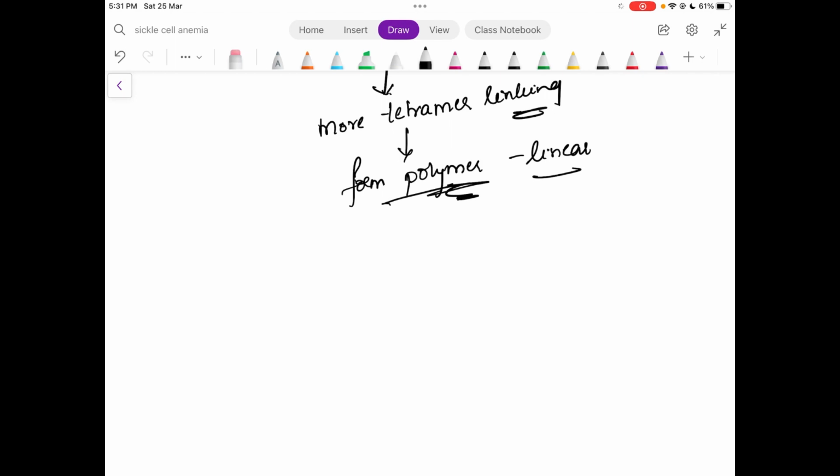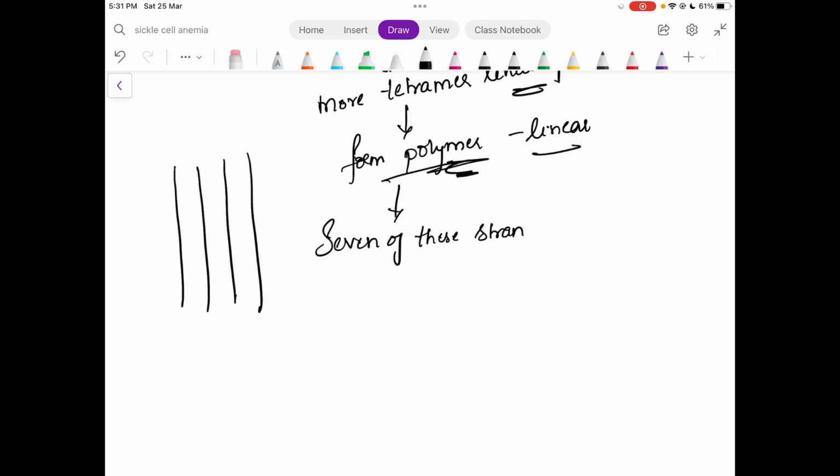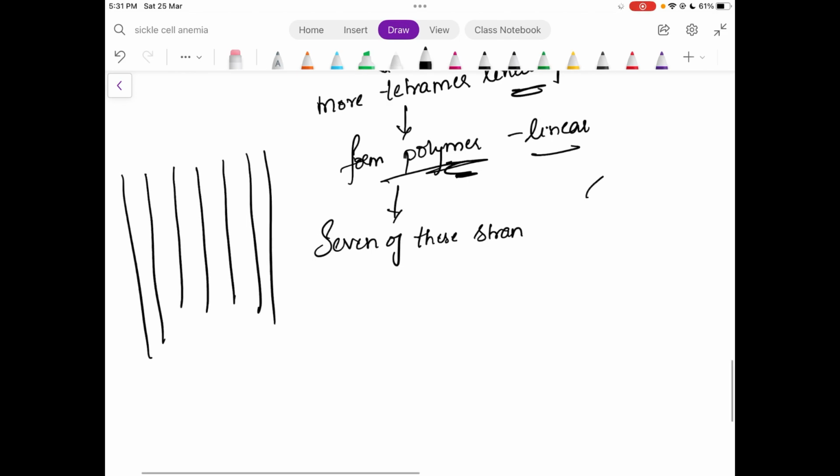And 7 of these strands, like 7 strands will be taken together, and they will turn together and they will form a fiber.